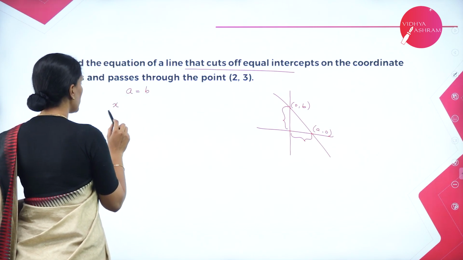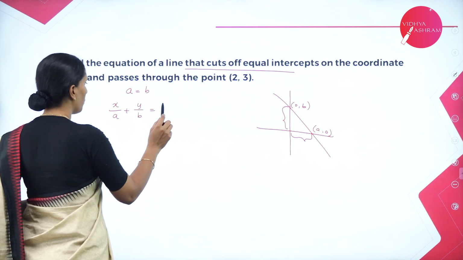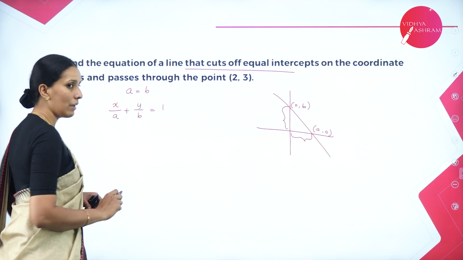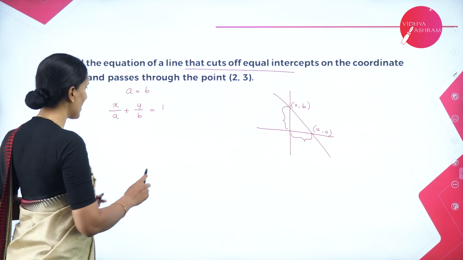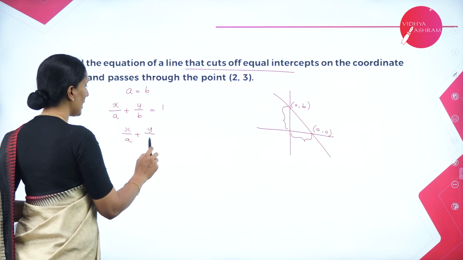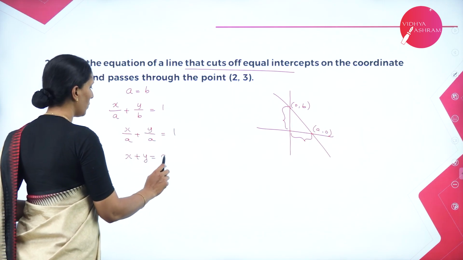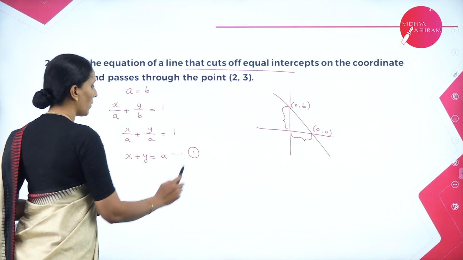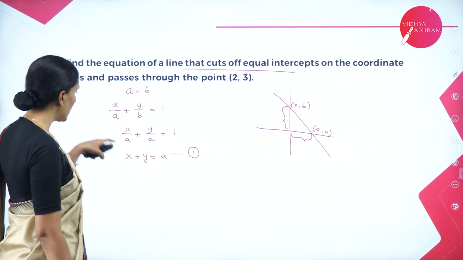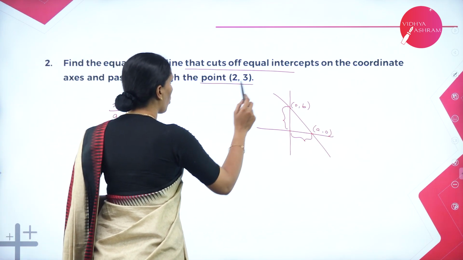We know that the equation is given by x by a plus y by b is equal to 1. So let us replace b with a. Then we will get x by a plus y by a is equal to 1, or x plus y is equal to a. Let me take this as equation 1. Now, the line passes through the point (2, 3).